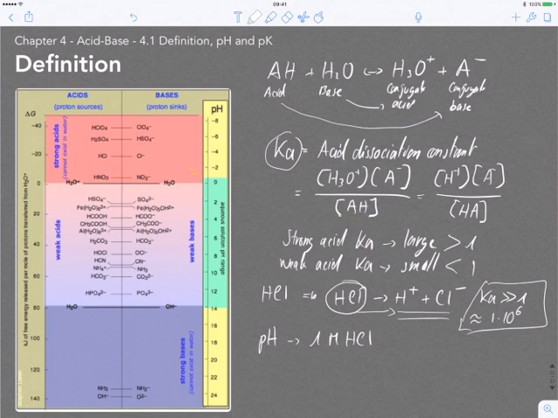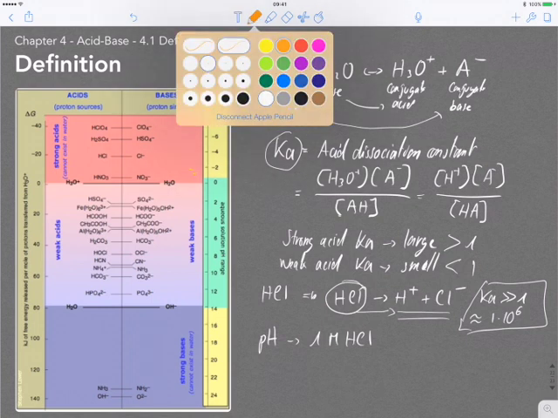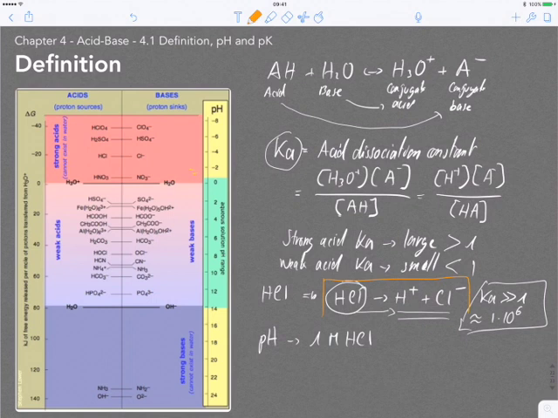So what is the pH for a solution of 1 molar HCl? If you think about this relationship here, this 1 molar HCl will completely dissociate in water and form 1 mole of H+ and 1 mole of chloride.